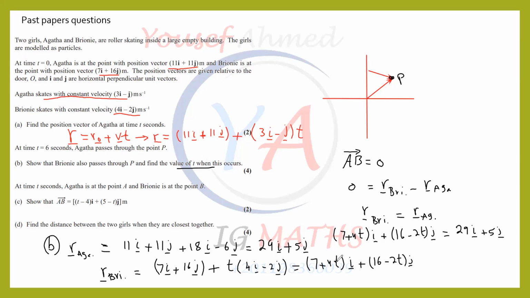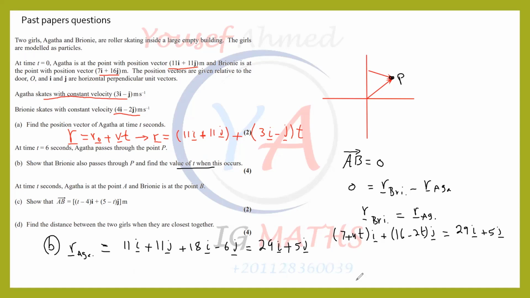The next step is finding the value of t by equating the i component with the i component and the j component with the j component.